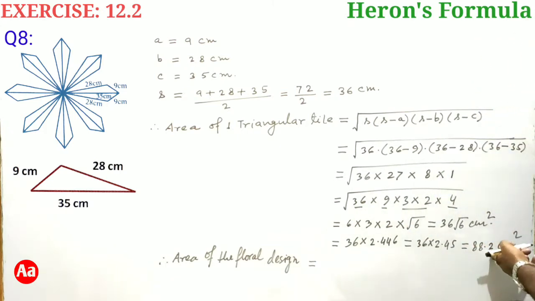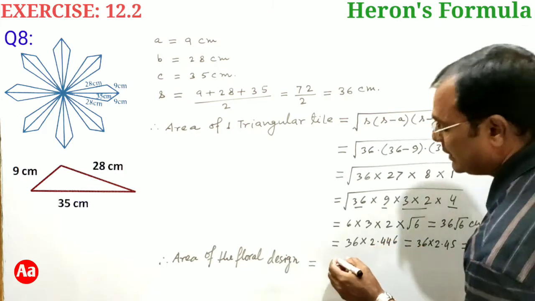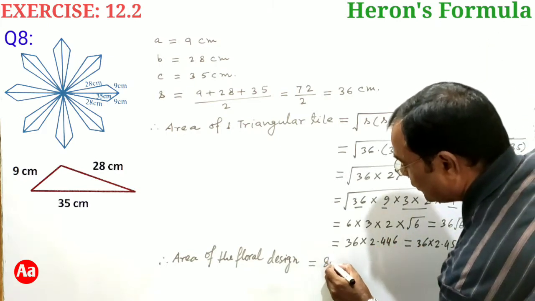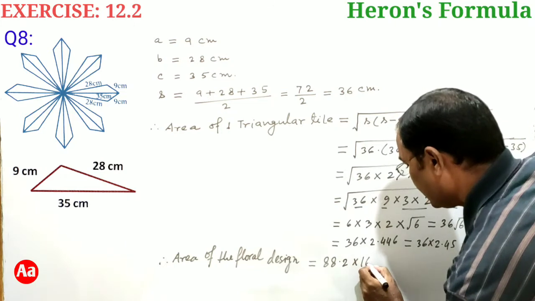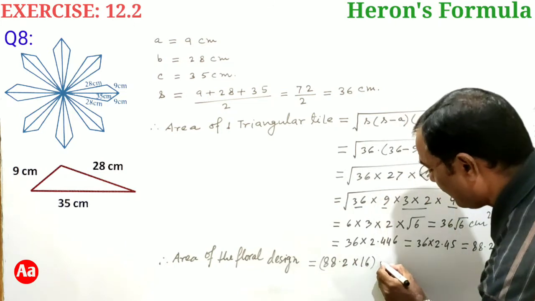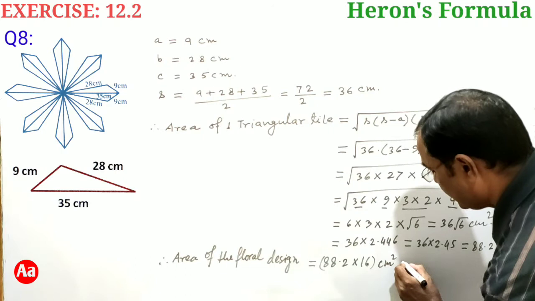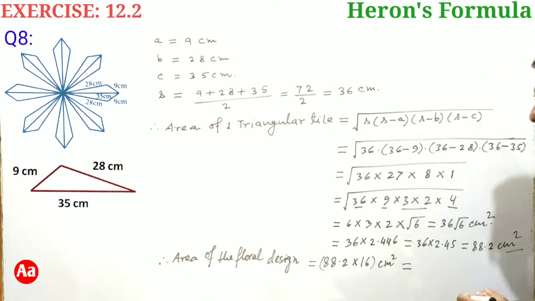Area of one tile into 16. So 88.2 into 16 centimeter square.